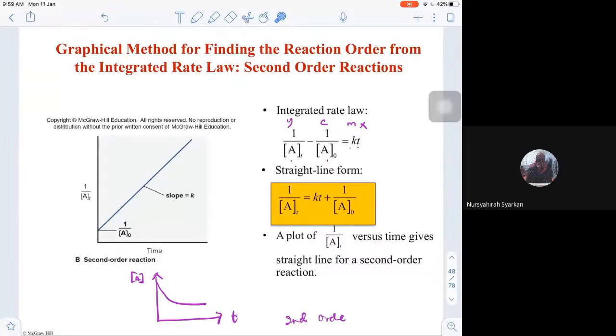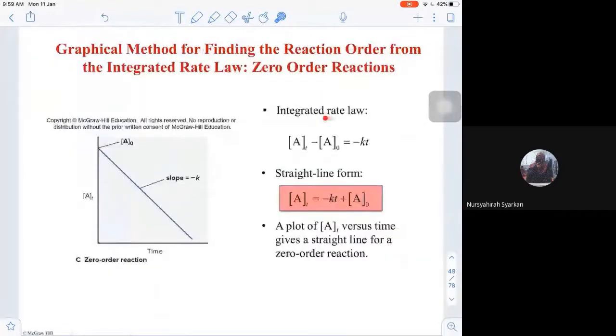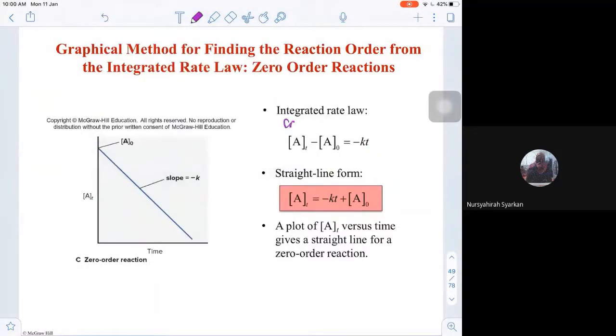Okay, and then for the zero order reaction, this is our initial integrated equation: At minus A naught equal to kt, or the equation that was given by me is A naught minus At equal to positive kt. We know that A naught is constant, the initial concentration. At, the concentration of A at time t, changes with time.